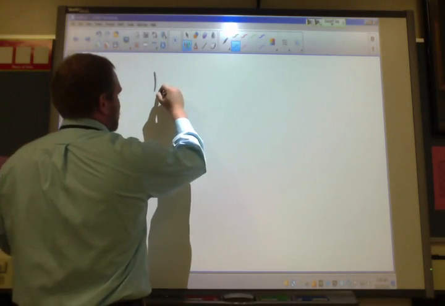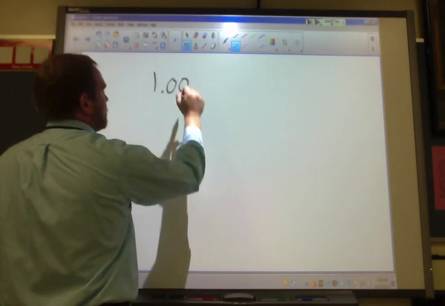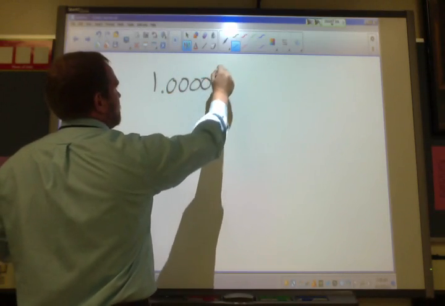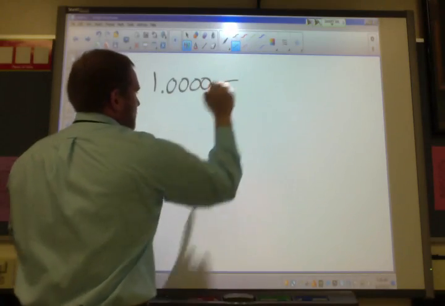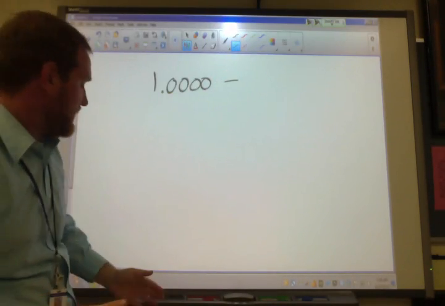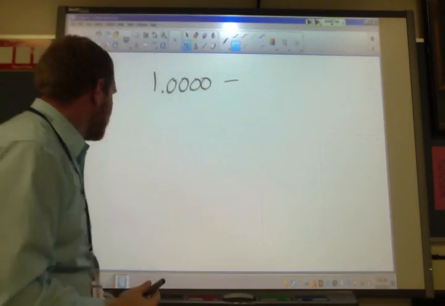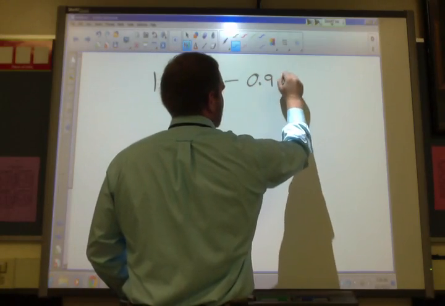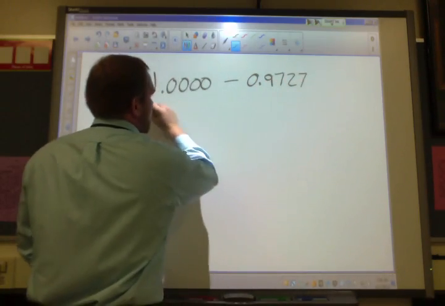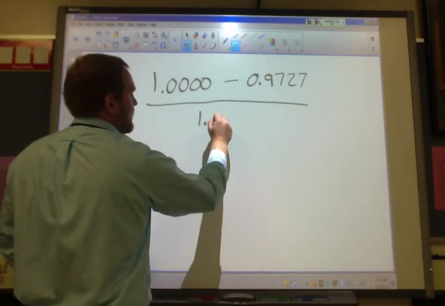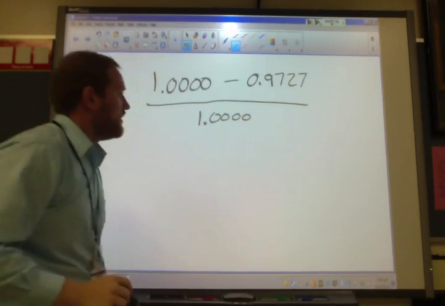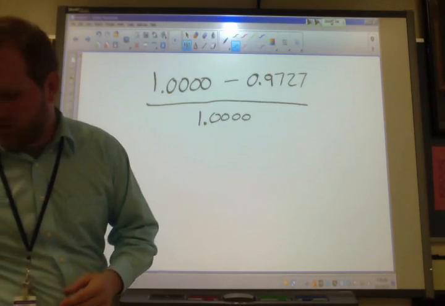In fact, just for precision's sake, let's just add my zeros. Minus what you actually got, which in this case was 0.9727, divided by what you should have gotten, times 100%. So let's run the numbers.